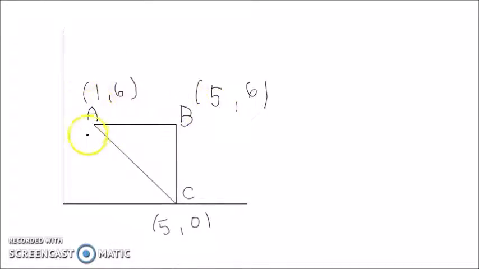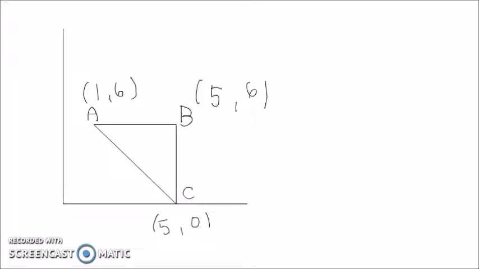Okay, so for the first question, we are going to classify triangle ABC. The first step is to label the vertices. A, B, and C are the vertices of this triangle. So we have (1, 6), (5, 6), and (5, 0).